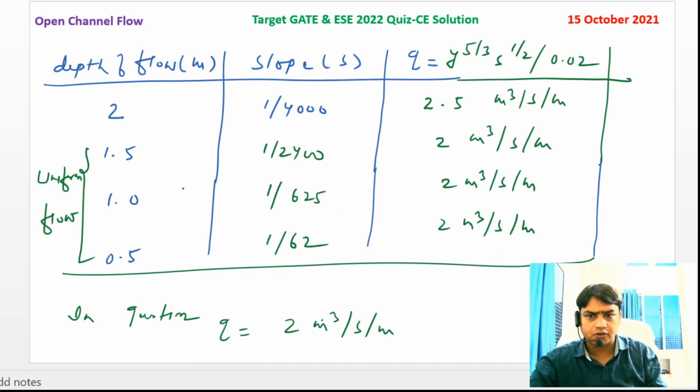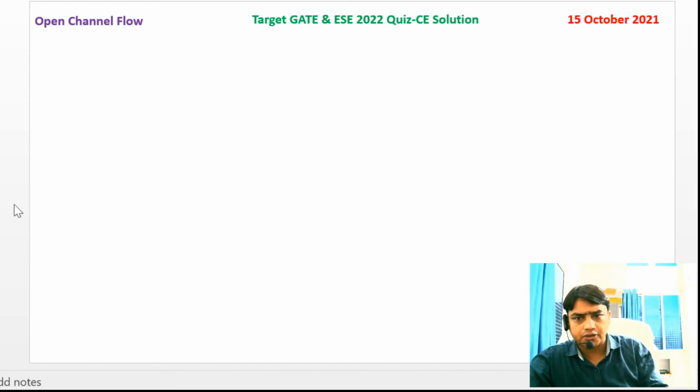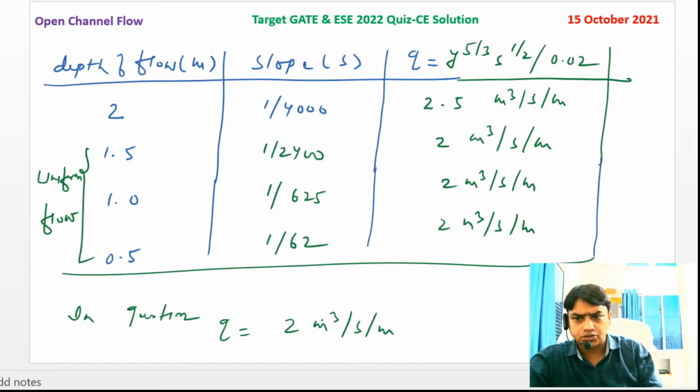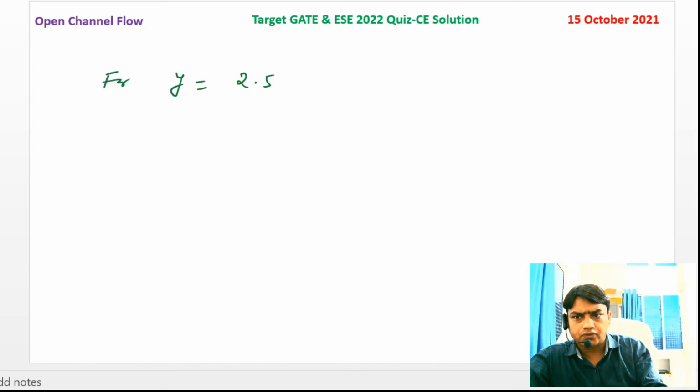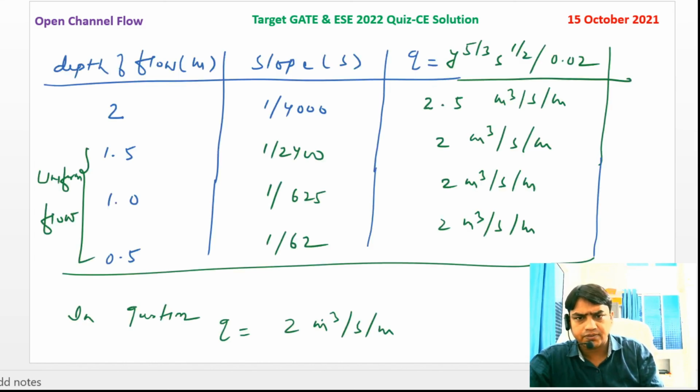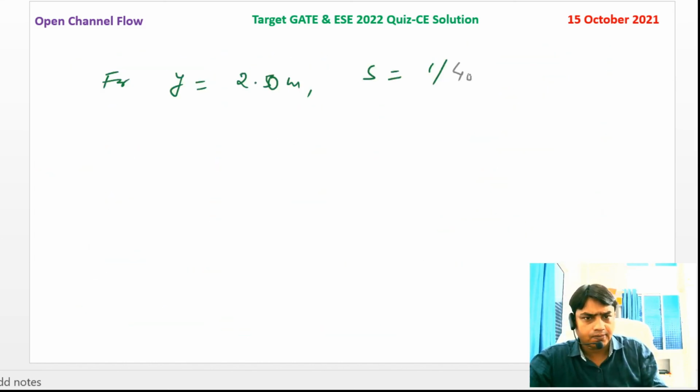In the first option, for depth y equal to 2 meters and slope 1 by 4000, small q is coming 2.5 meter cube per second per meter, which is not equal to the 2.0 meter cube per second per meter.